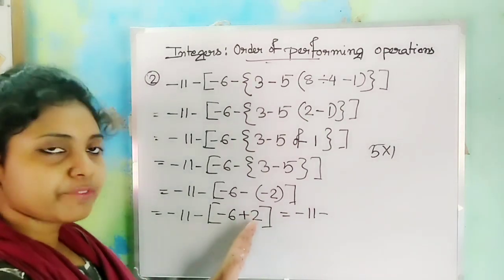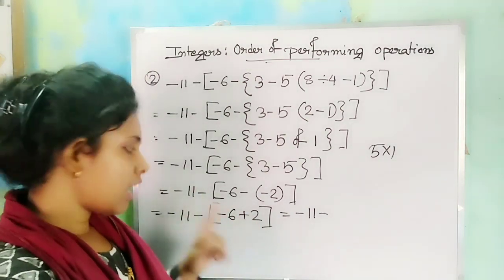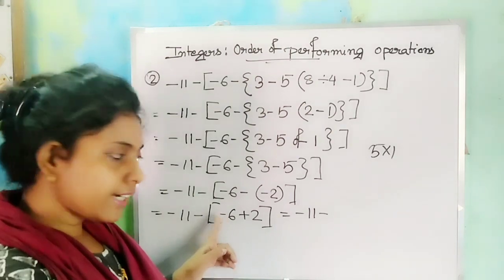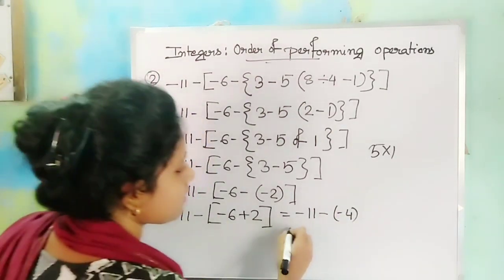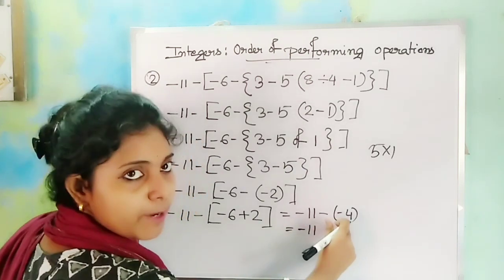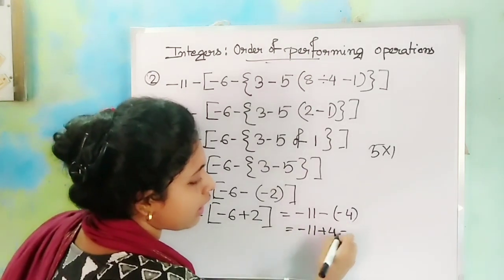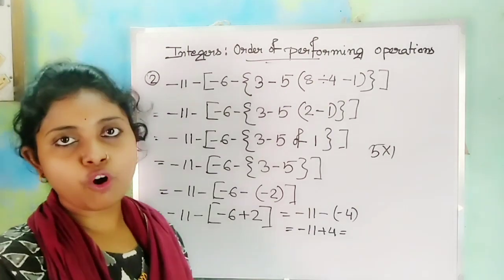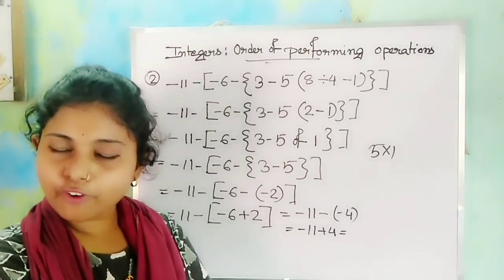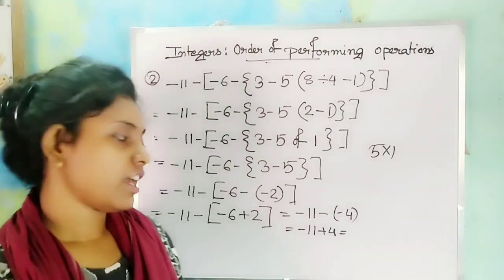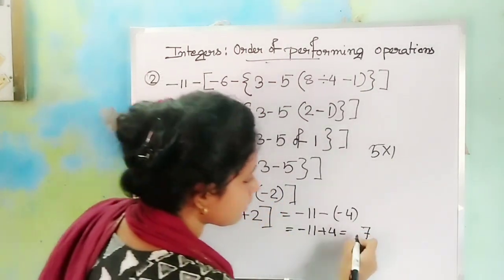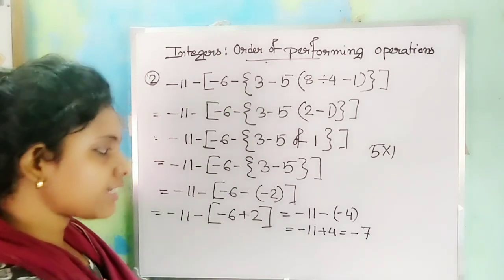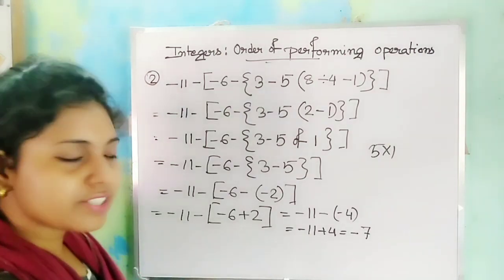We subtract 2 from 6, so 4, and the sign will be negative. So minus 4. Next minus of minus 4 means plus 4, and minus 11 plus 4 equals 11 minus 4 with a negative sign, that is 7 with sign negative, minus 7 is the answer.